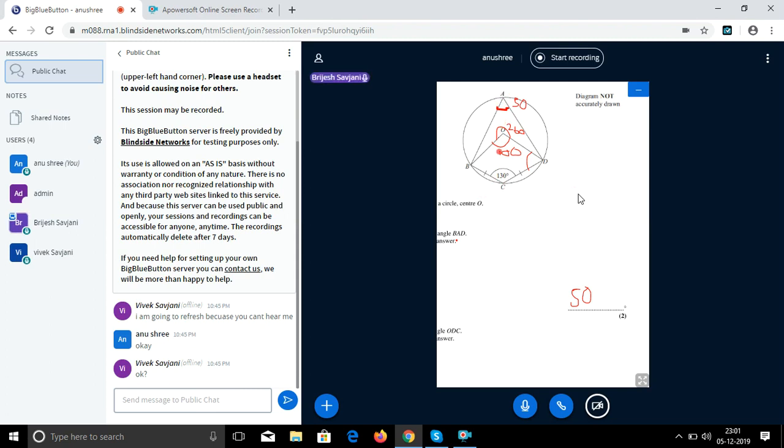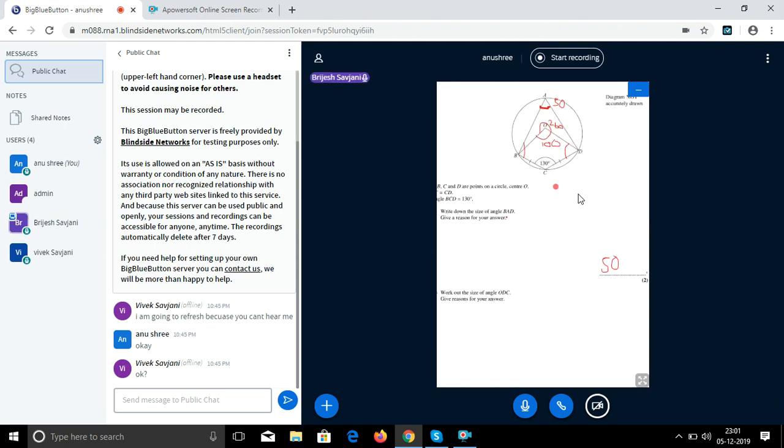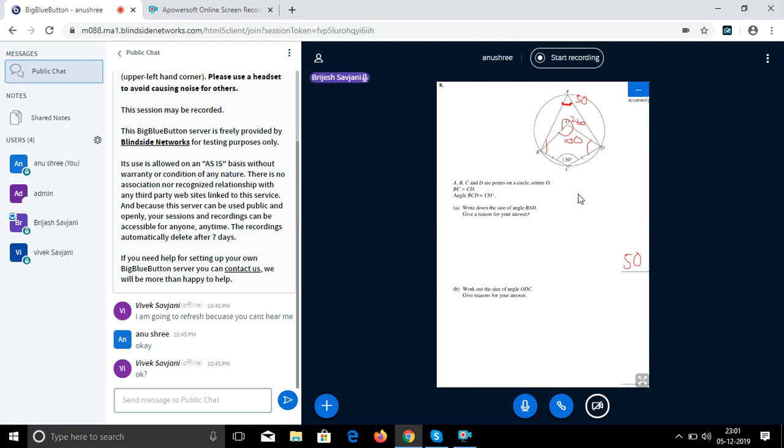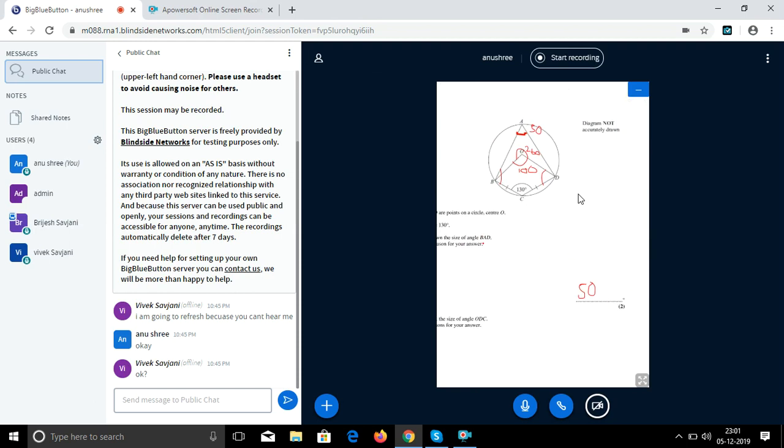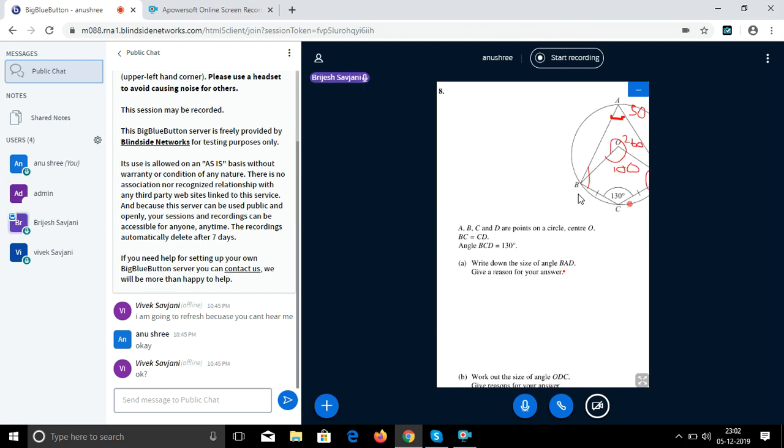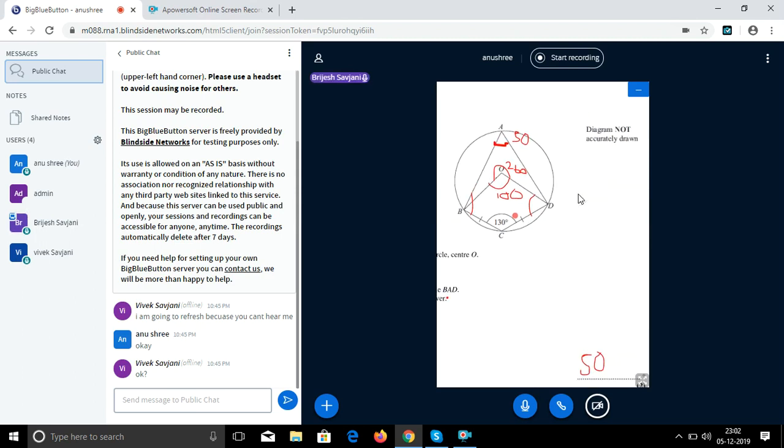So you know that B and D, those two angles will add up to 180. But you also know that angles in a quadrilateral add up to 360.